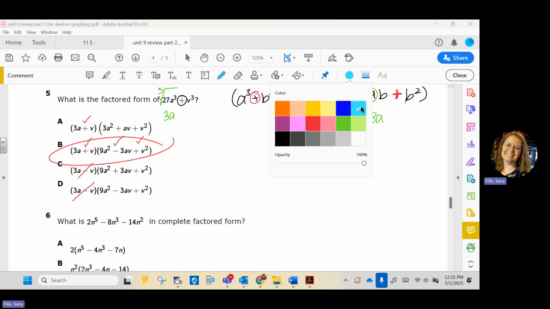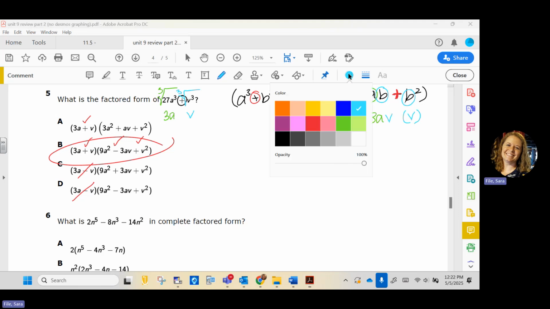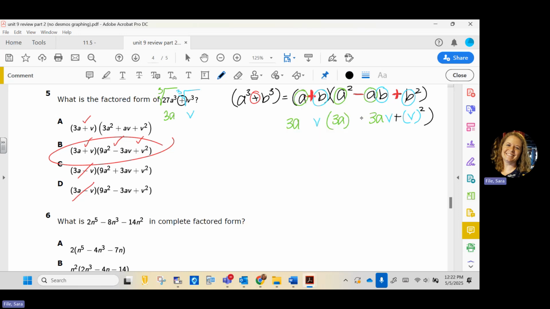And then you're going to take the cube root of that second term, which would just be v. So v is going to go in place of all the b's. So v, v, v. And then we already had the signs listed out.